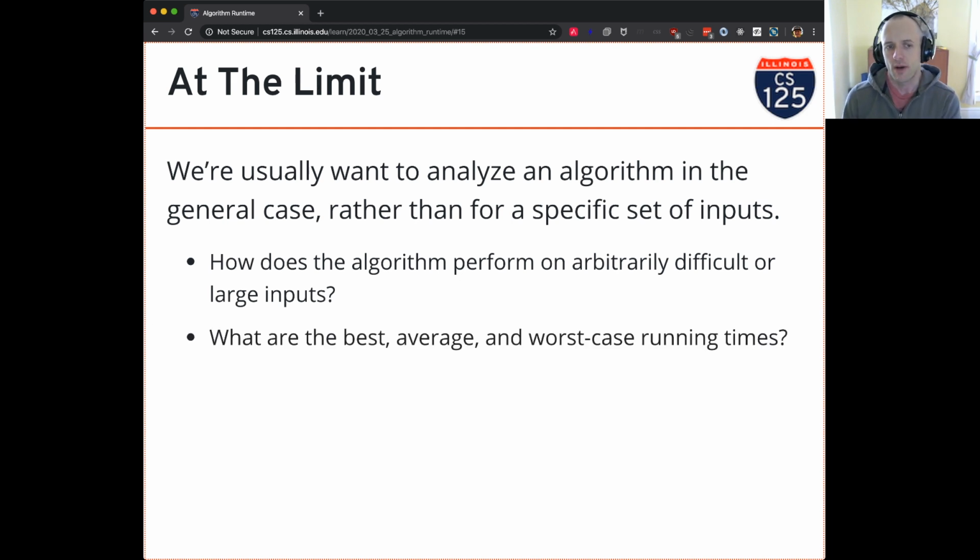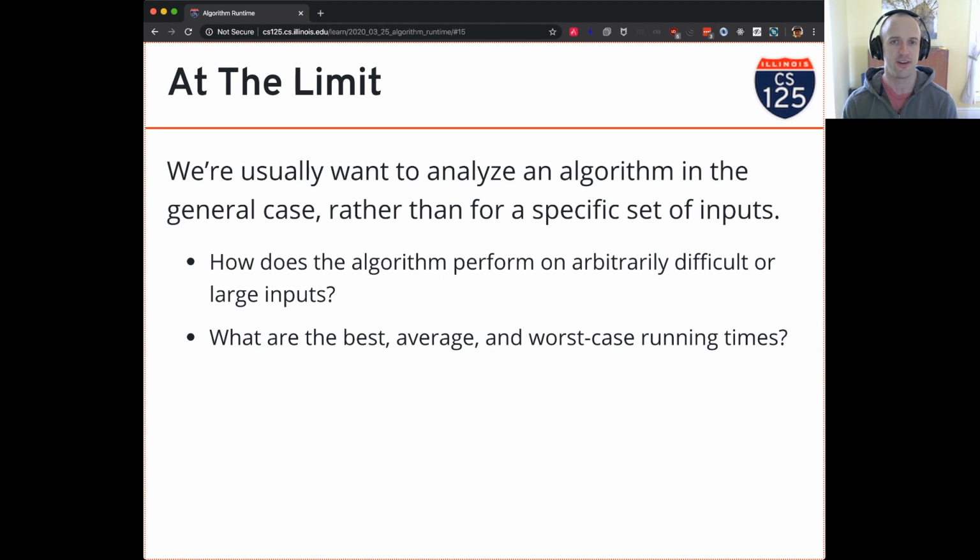We also frequently want to think about the best case runtime, the worst case runtime, and then hopefully maybe an average case. But average case turns out to be much more difficult to think about. Best case means the inputs have certain properties that cause the algorithm to behave extremely well. Worst case means the inputs have certain properties that cause it to behave extremely poorly. We already saw that with GCD.